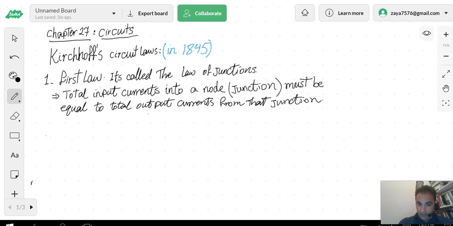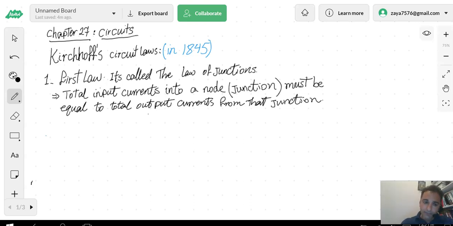Whatever he did in circuits, he opened the way for Ohm's law. And after Ohm, James Clerk Maxwell, who is very famous for his equations, called Maxwell equations. So he did very important things in circuits in physics.